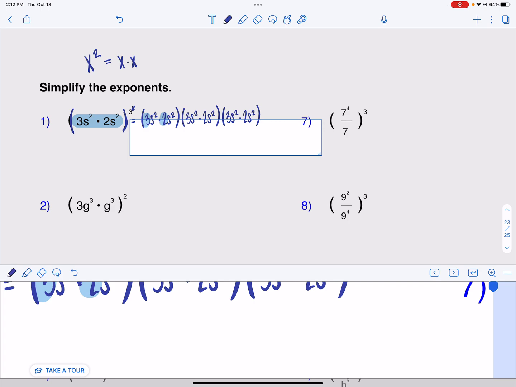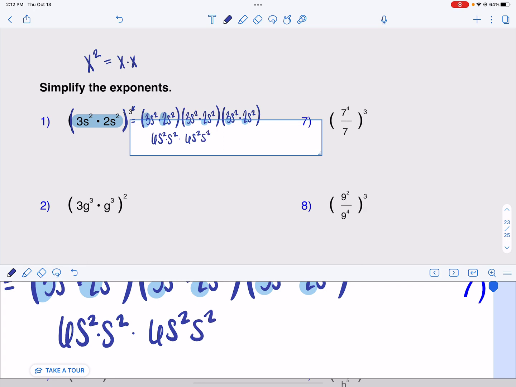I know 3 times 2 is 6. And I have an s squared and an s squared. And that's going to be the same in each of these. So I'm going to get a 6s squared, s squared, and a 6s squared, s squared.